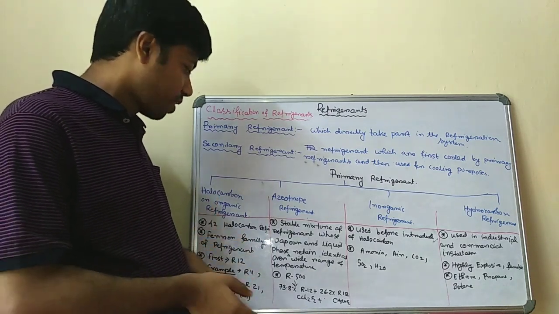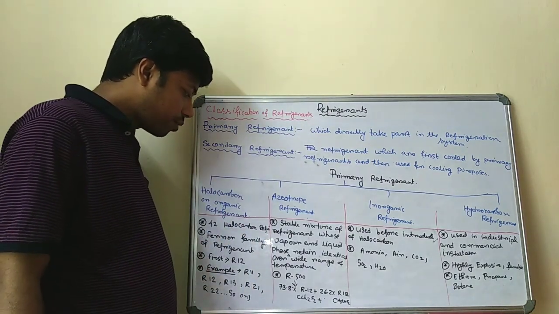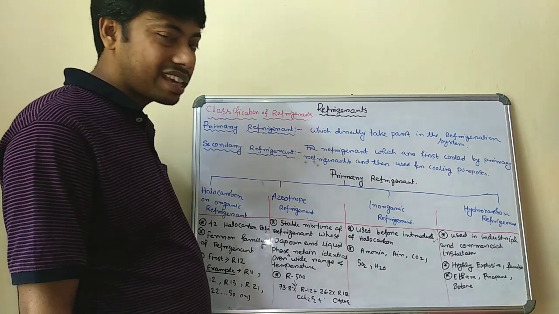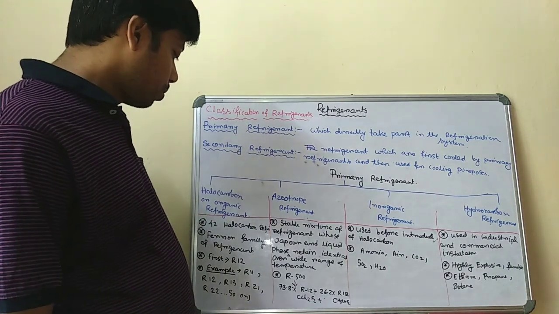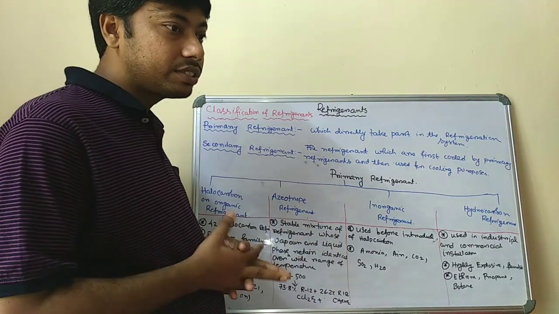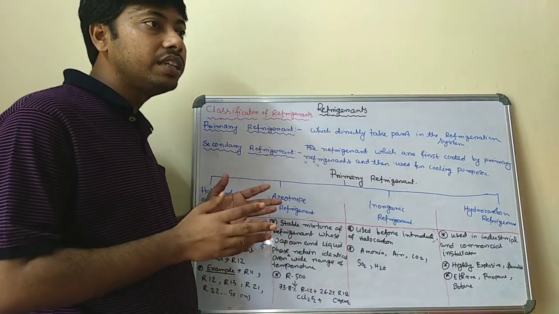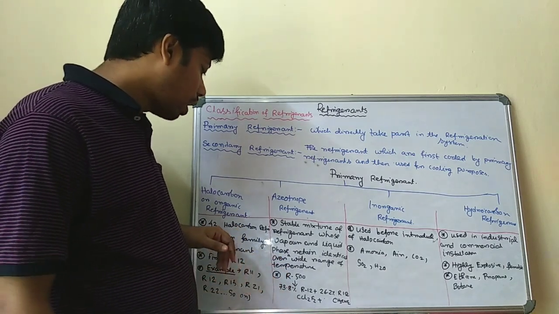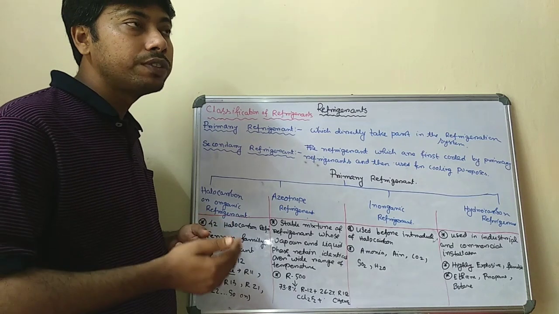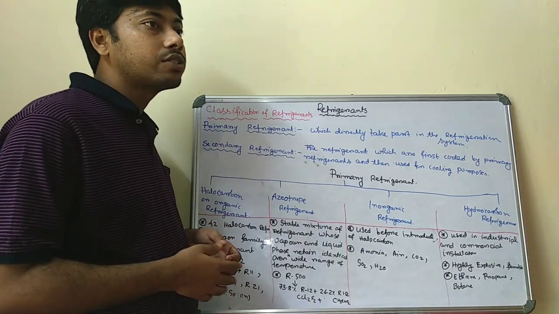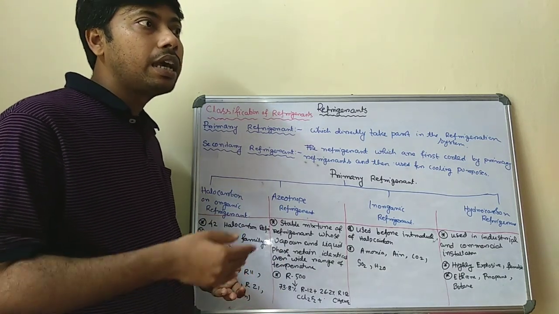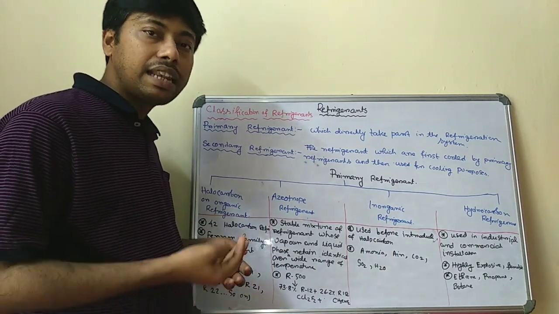Now, if we discuss halocarbon or organic refrigerant, ASHRAE indicates that there are 42 halocarbon refrigerants. But among these 42, lots are obsolete because of their chemical and thermal stability, less ozone friendliness, and less safety.